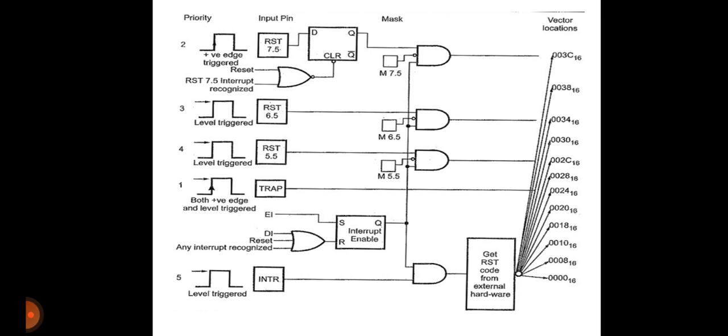This memory location where the subroutine starts is referred to as a vector location, and such interrupts are called vectored interrupts. INTR is not a vectored interrupt; it receives the address of the subroutine from the external device.